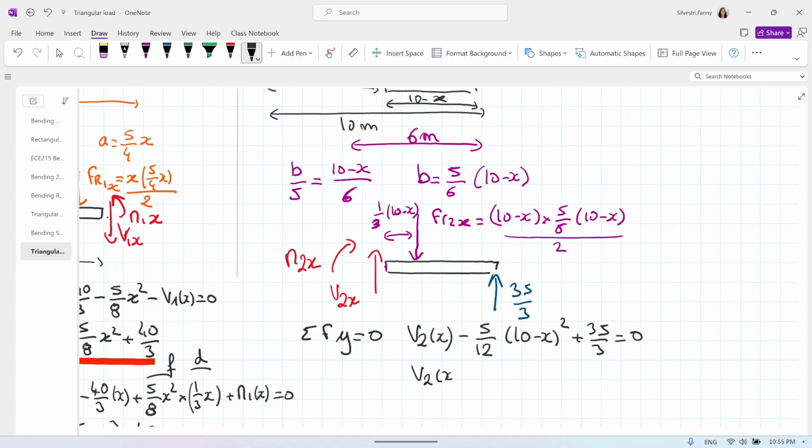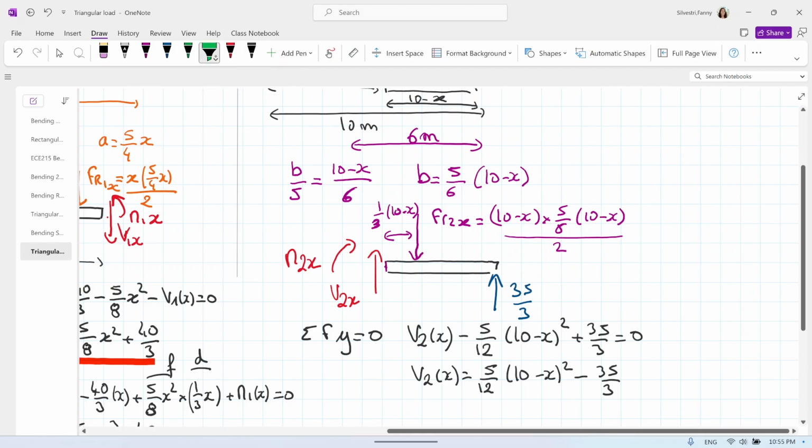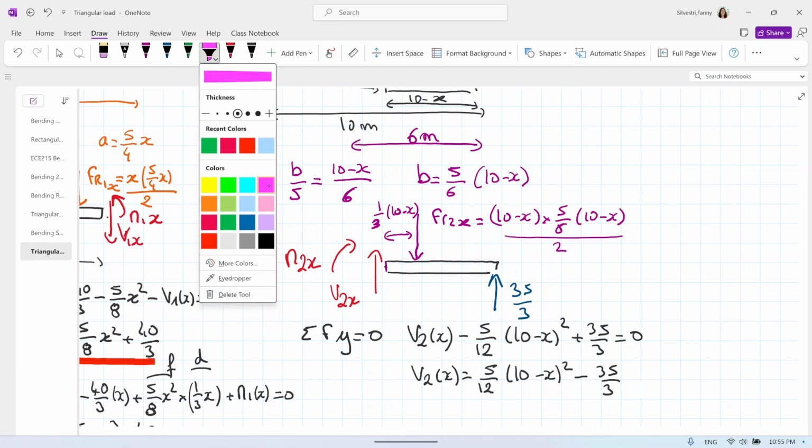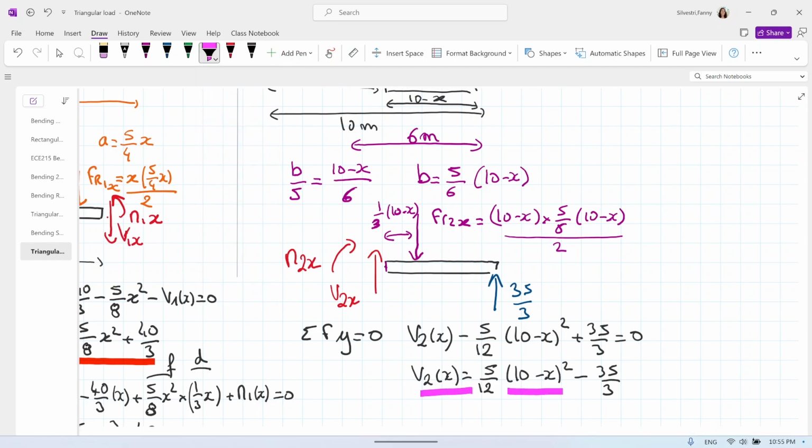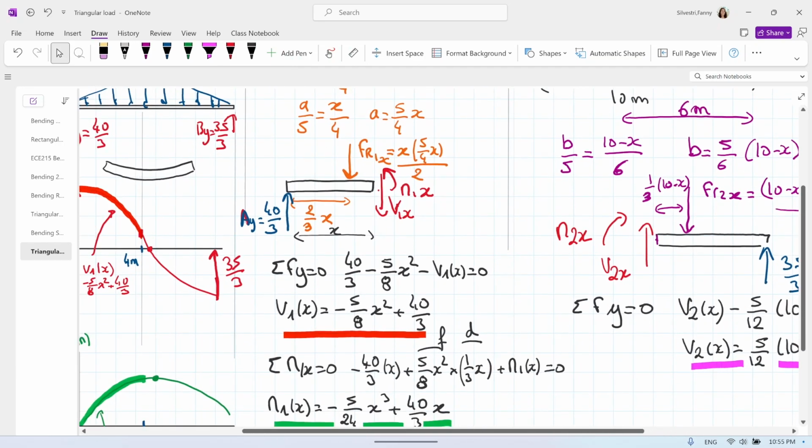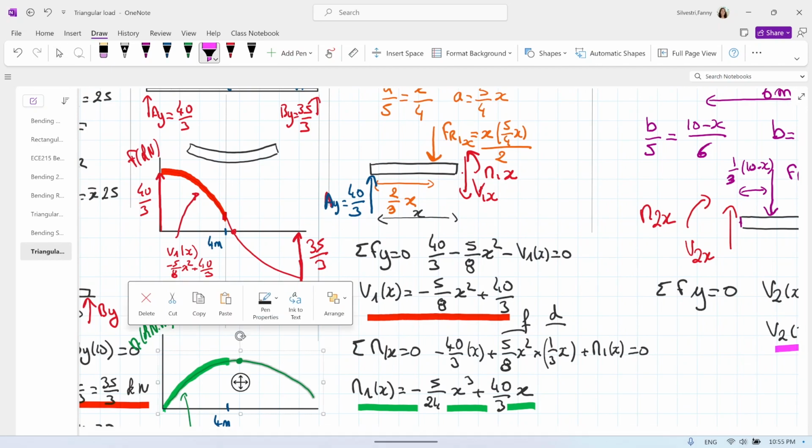So V2 of x equals 5/12 of (10 minus x) squared plus 35/3, minus 35/3. So when x equals 10, V2 of x equals minus 35/3. So let's check that. That's the one I was trying to do a bit too fast before. So this one will be that equation.